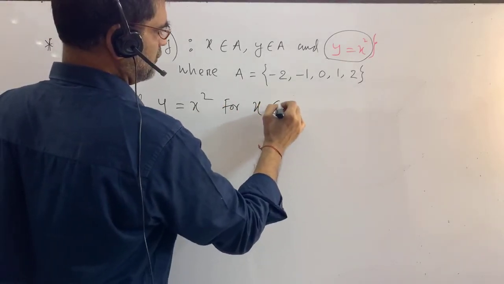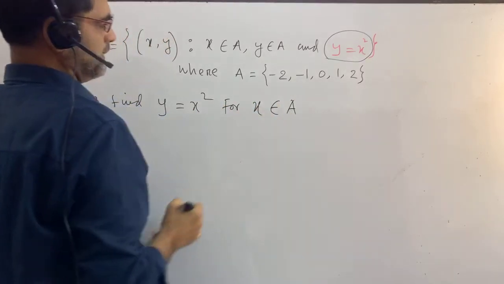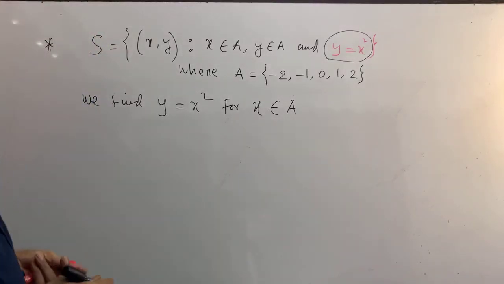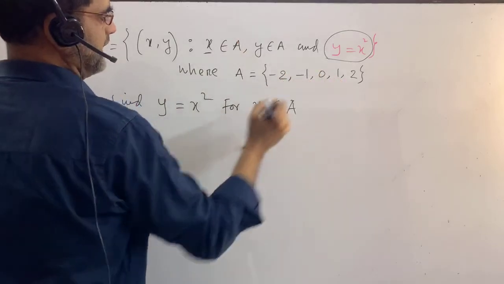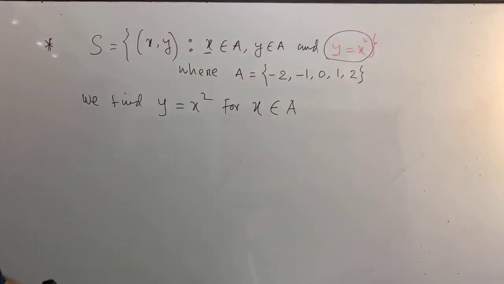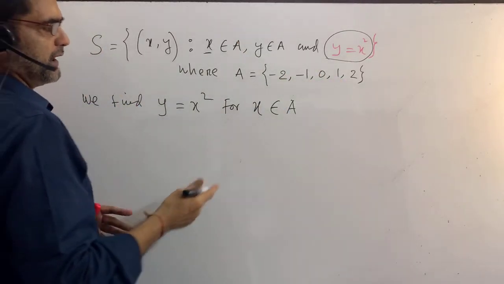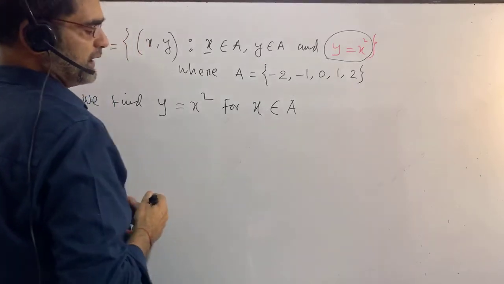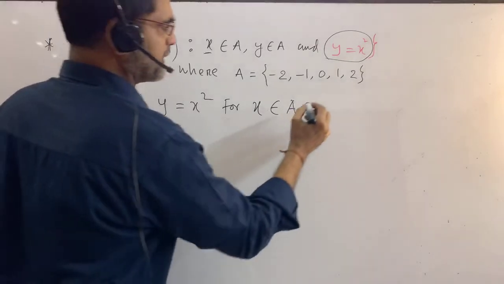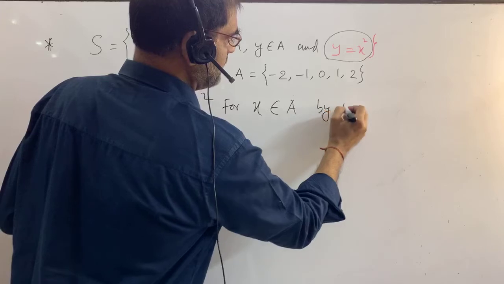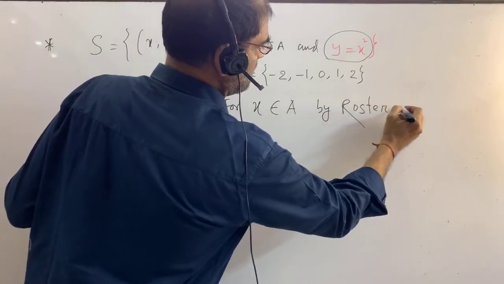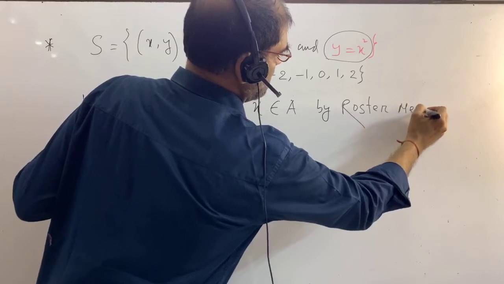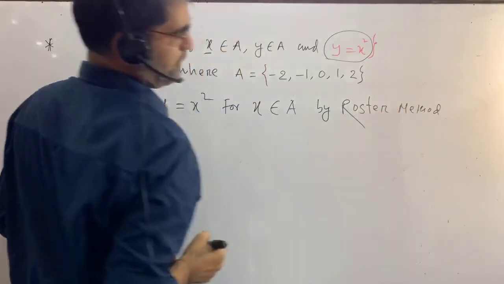We find y equals to x square for x belongs to A. I mean, here x means this x, A means this A, okay, or every x belongs to A. You can write for every x belongs to A by roster method, okay.